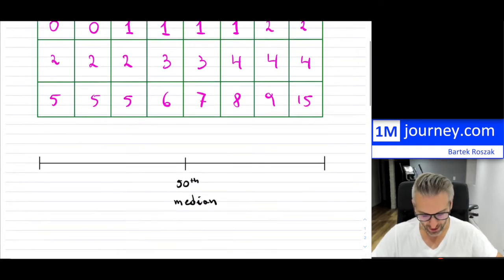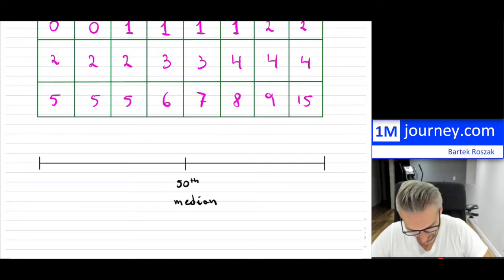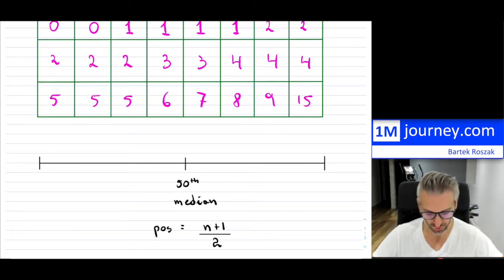Now, in order to find the median, we would have all our data points, and then we would find the position. So the position was equal to n plus 1, where n is the number of data points, divided by 2.